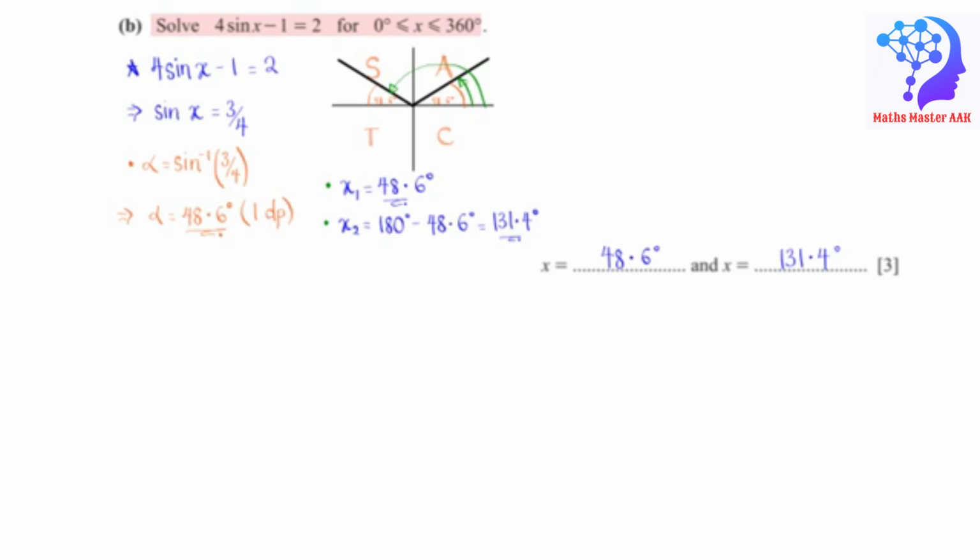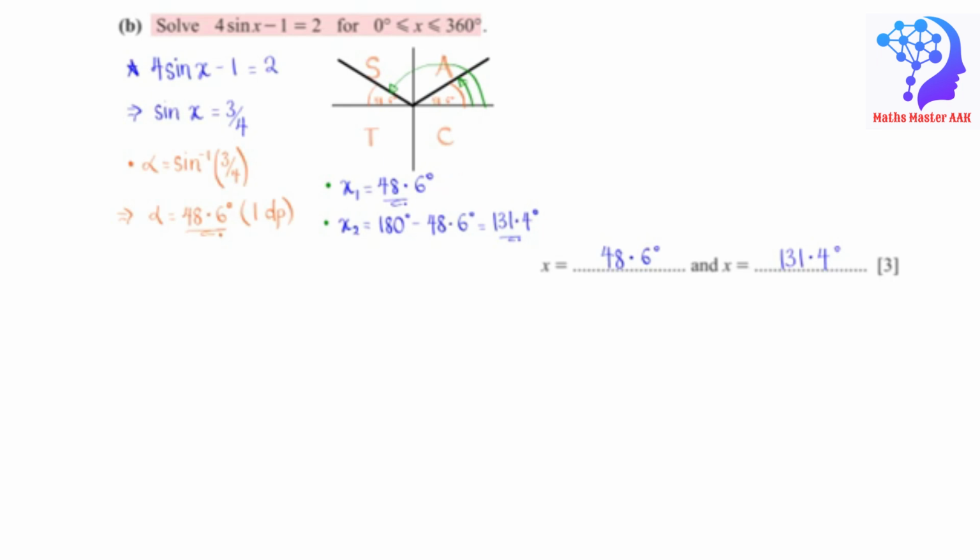So now we need to draw our quadrants. Since sine x is equal to 3 over 4, and 3 over 4 is a positive value, it means that we draw our lines in where sine is positive. The angle from the base to the line is alpha. And so when we go around this quadrant, the first value of x is 48.6 degrees.